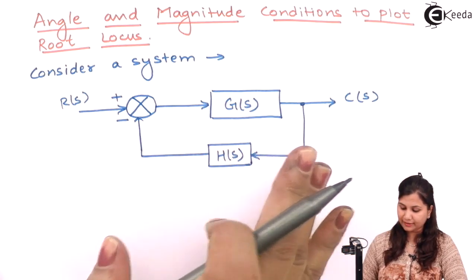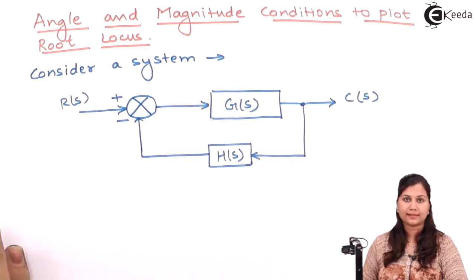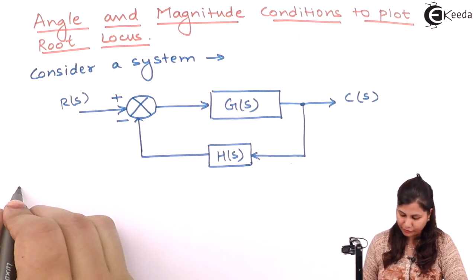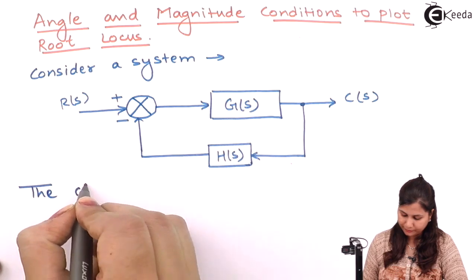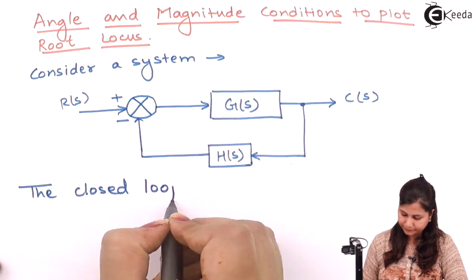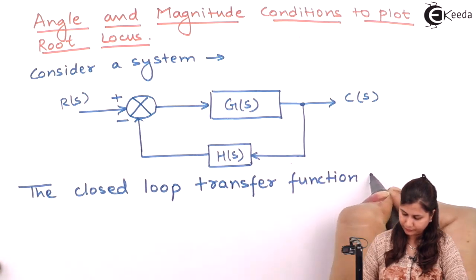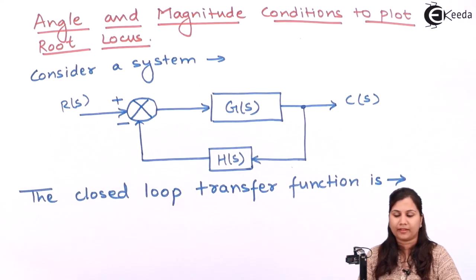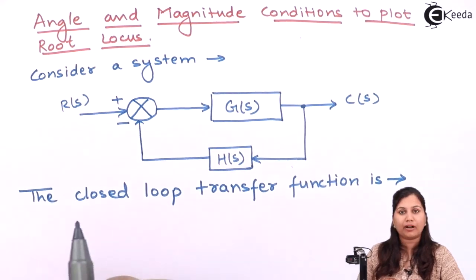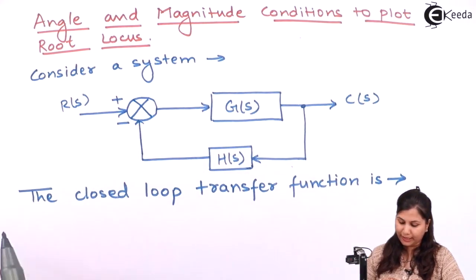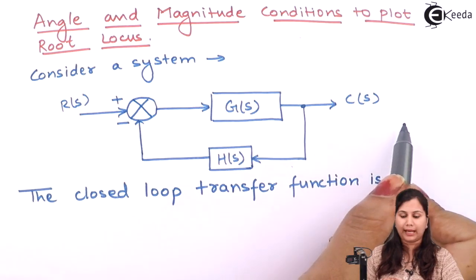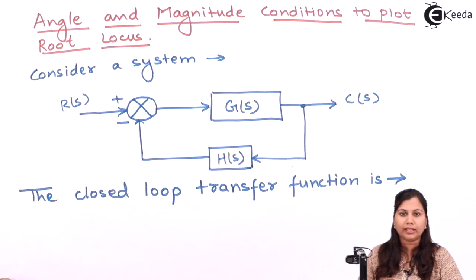So if we write the transfer function for this system, the closed loop transfer function, the transfer function is the ratio of the Laplace transform of the output and the Laplace transform of the input.